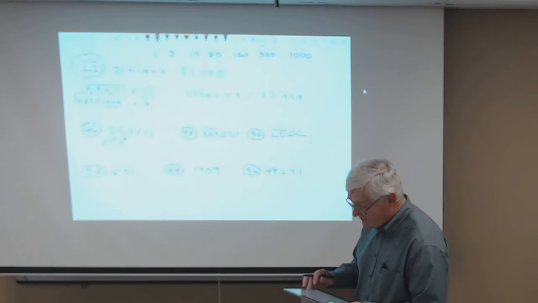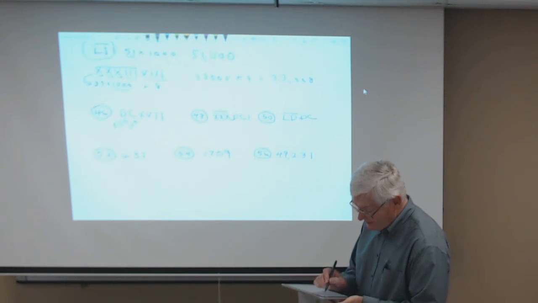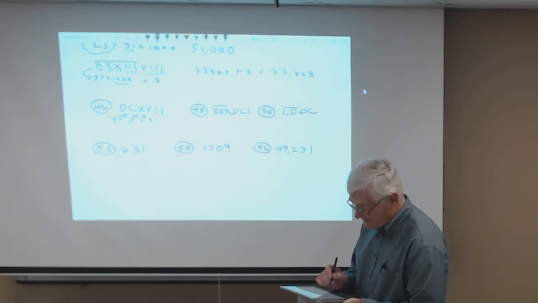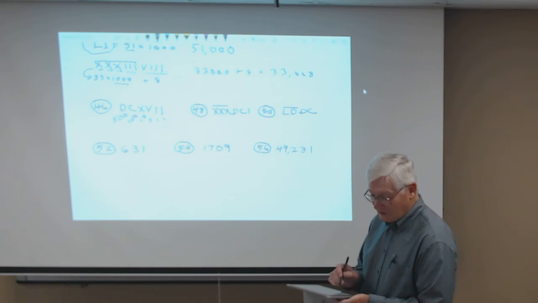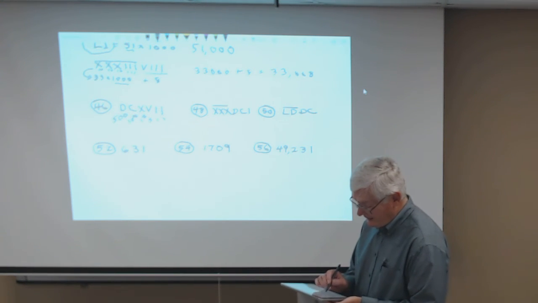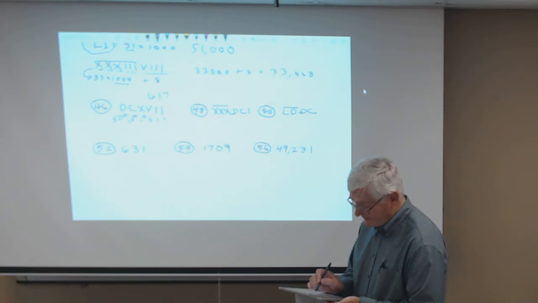What's X? 10. What's V? And 1 and 1. Everybody follow that? So what does that add up to? 500, 600, and 17. There you go.